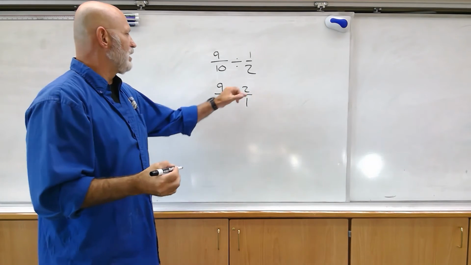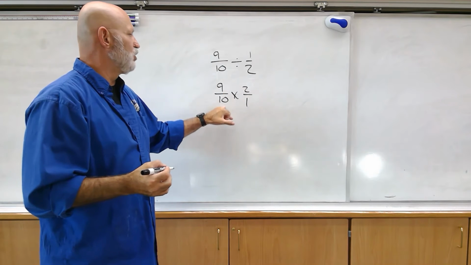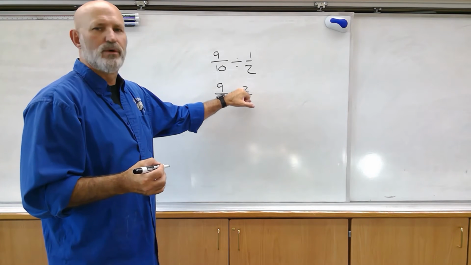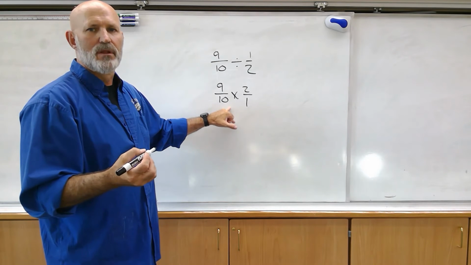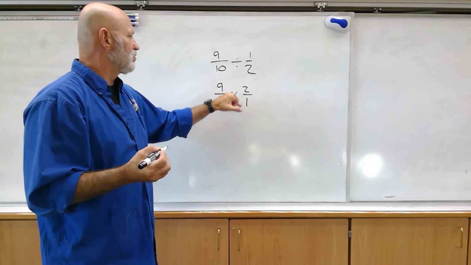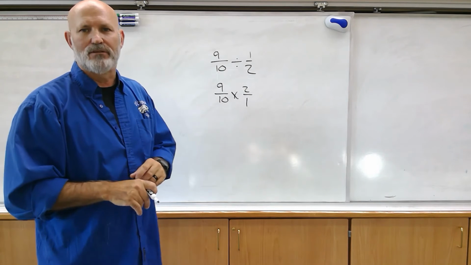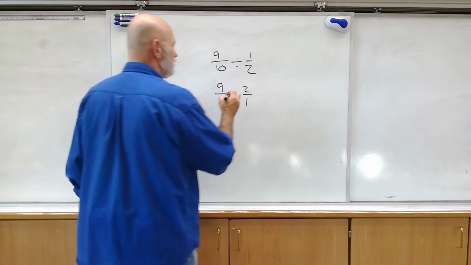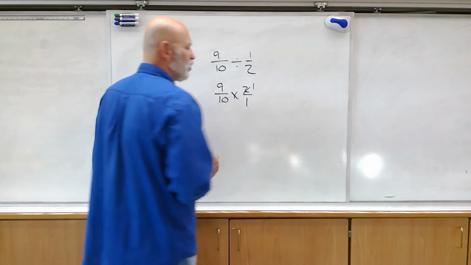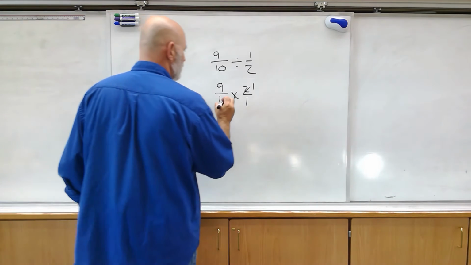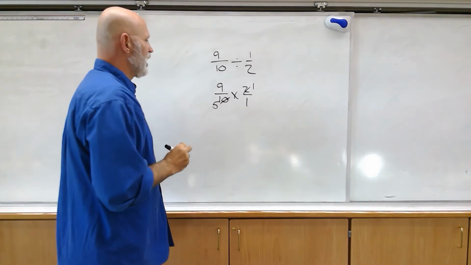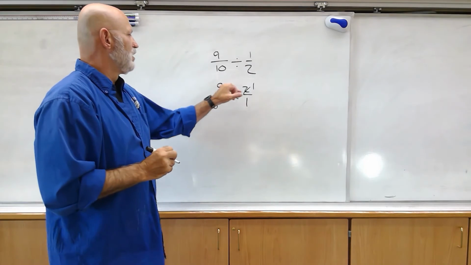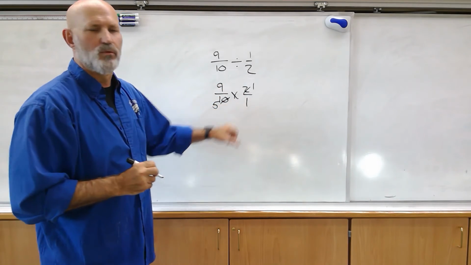Now, because 2 is a factor of 10, I can go ahead and cross cancel. So 2 goes into 2 one time, 2 goes into 10 5 times, and I have 9 times 1 and 5 times 1.